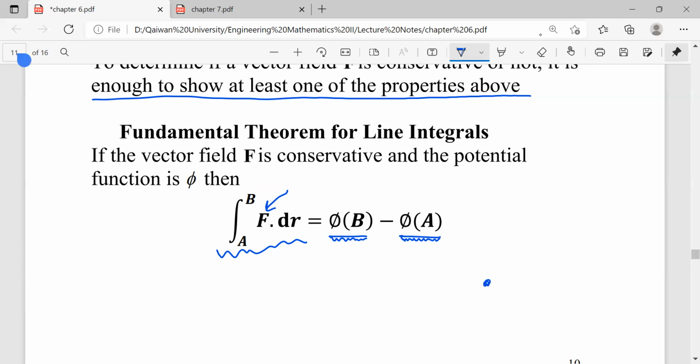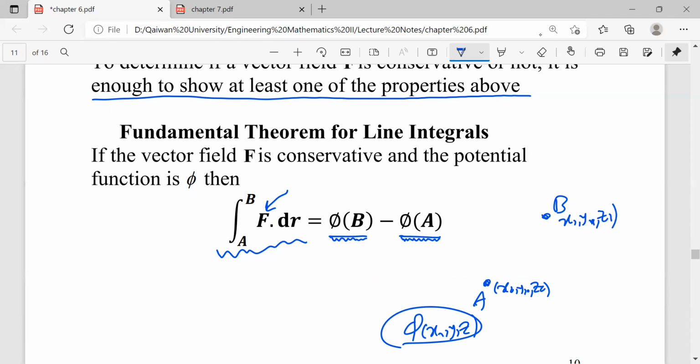Let's say you have points A and B. We should first find phi of x, y, z, the potential function. Let's say A is x naught, y naught, z naught, and B is x1, y1, z1. This is the initial point, and that's the destination point.